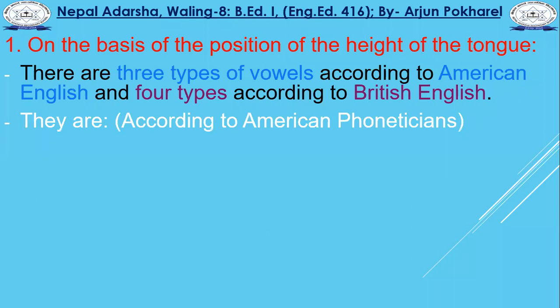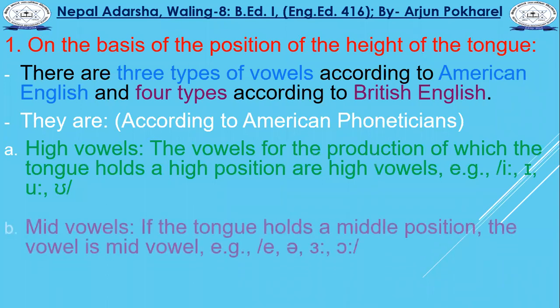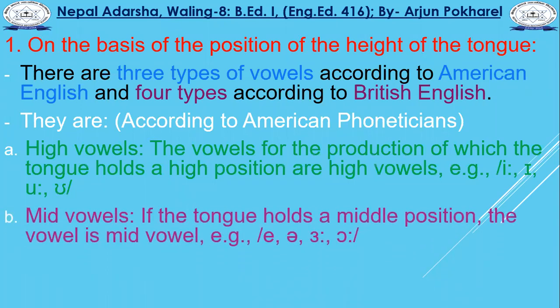According to American phoneticians, there are high vowels, mid vowels, and low vowels. High vowels are the vowels for the production of which the tongue holds a high position.